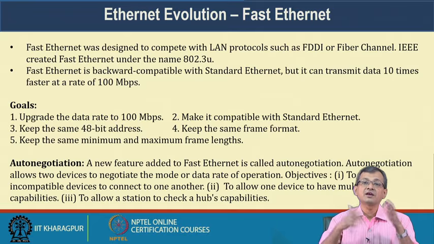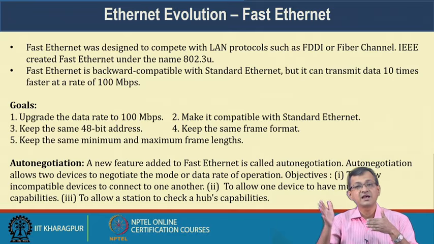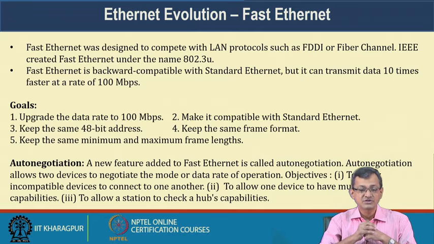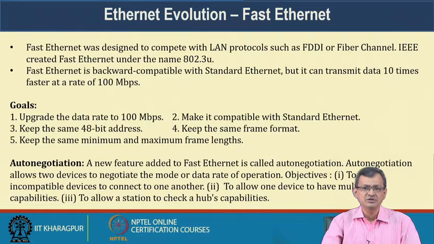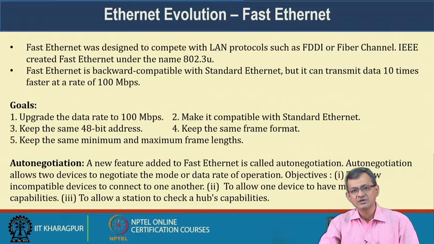So, it can connect to 10 Mbps or 10/100, and so on. It allows a station to check the hub's capability, like if it is a managed device, then I can check how much capability is there, and accordingly the station can transmit. Hub or switch is loosely used here. So, it allows the station to check the switch capability.